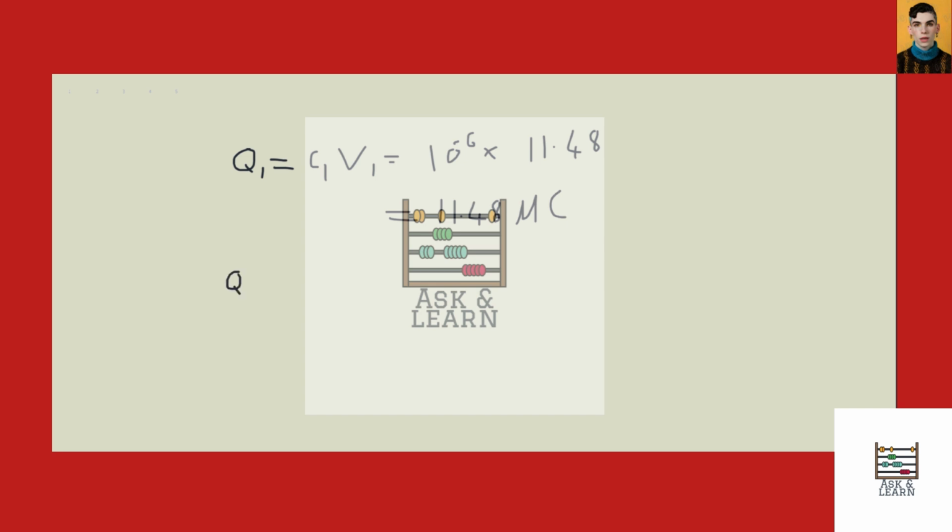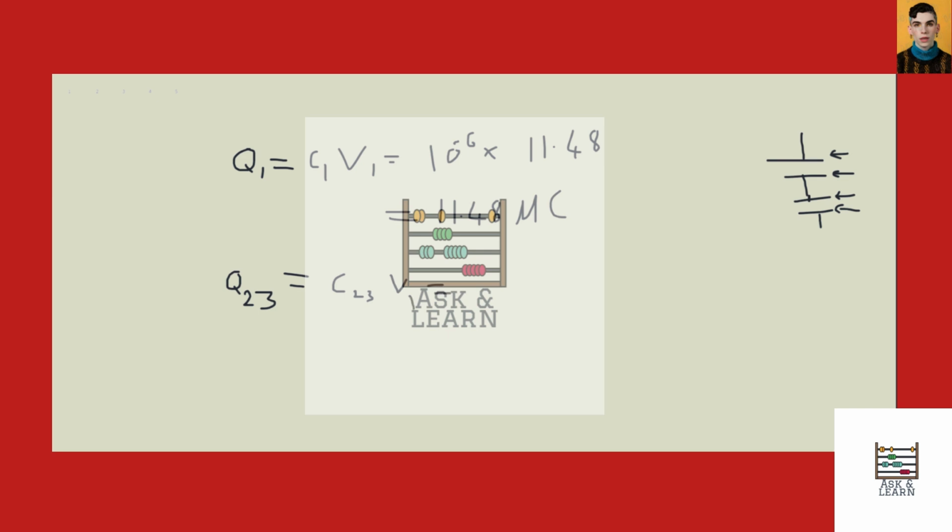And remember that C2 and C3 are in series, so they have same charge. So whatever positive charge is here, negative charge goes here. Again, the same amount of positive charge here, again, negative charge here. So Q23 is equal to C23 V1, which is equal to, as we know, C23 is 1.091.